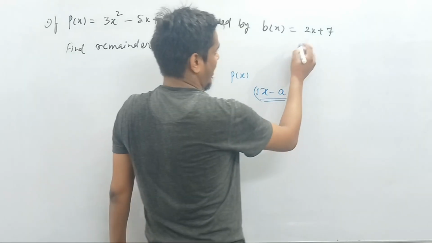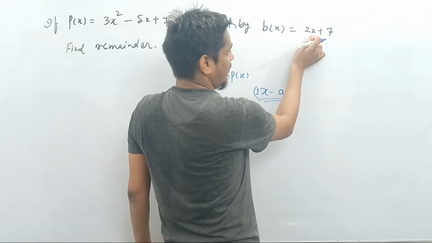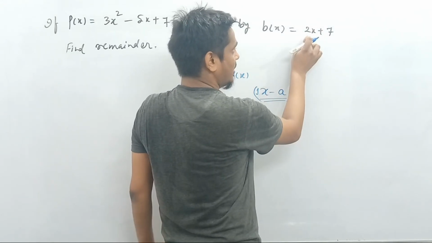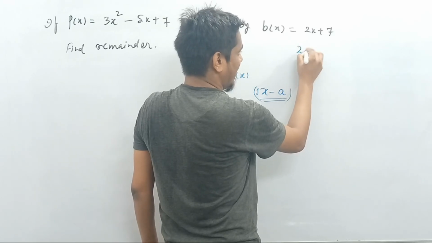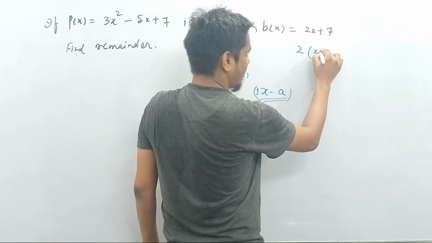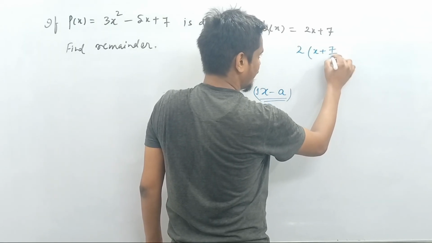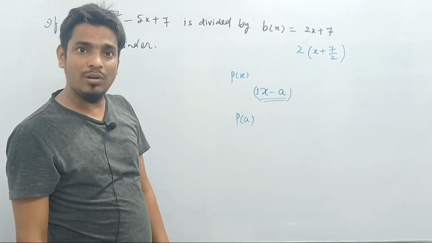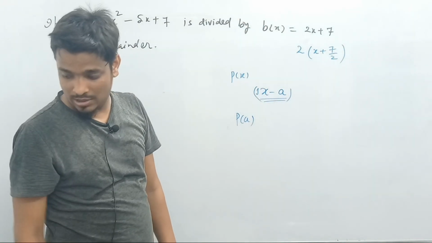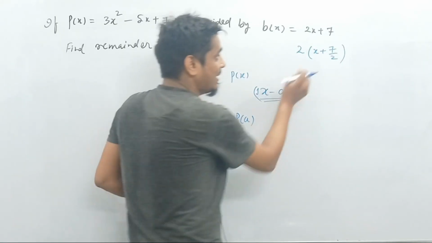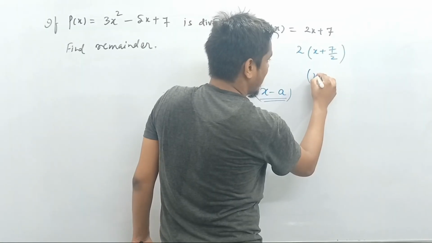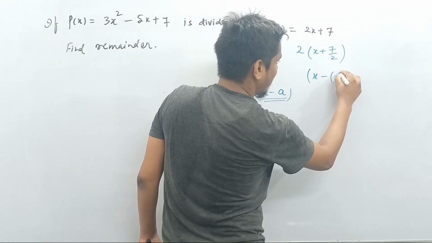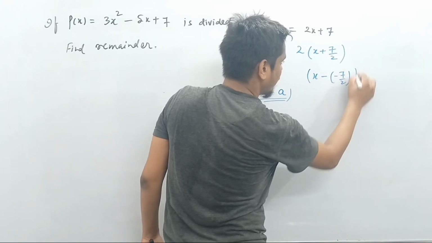First we can make the coefficient of x to be 1 by taking 2 common. So by taking 2 common, this will become x plus 7 over 2. Further, we can write this plus as x minus of minus 7 over 2.